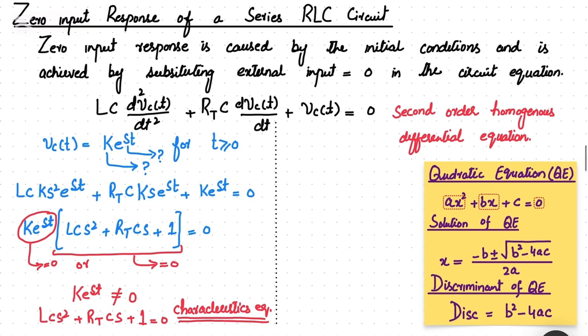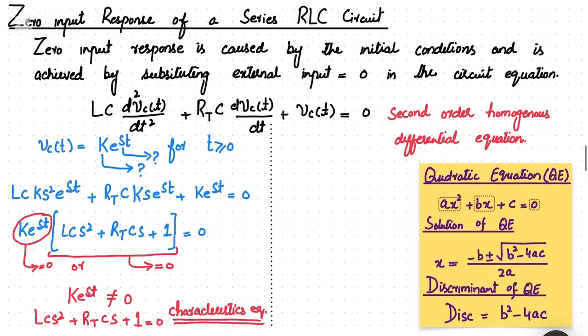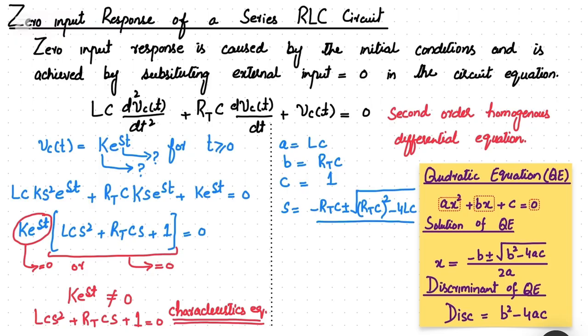So I can write A equal to LC, B is equal to RTC, and C is equal to 1. So the roots of this characteristic equation would be S is equal to minus RTC plus minus under root B square, means RTC square, minus 4AC over 2A.